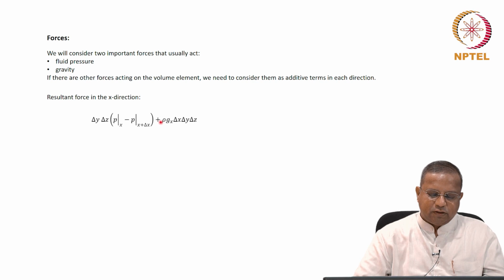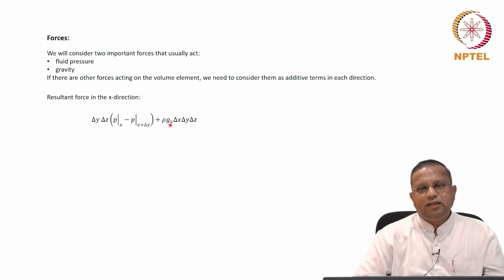Density is mass per unit volume, multiplied by the volume of the element, delta x delta y delta z. Therefore, this gives you mass times gx, where gx is the component of the acceleration due to gravity in the x direction. Also note that pressure is a function of density and temperature.